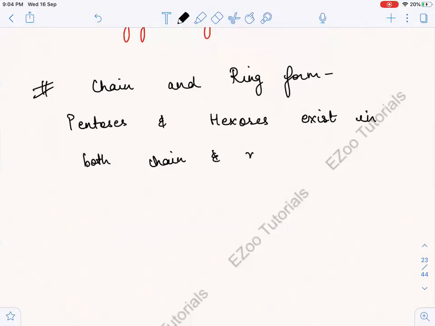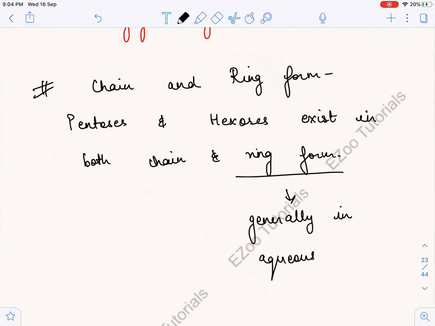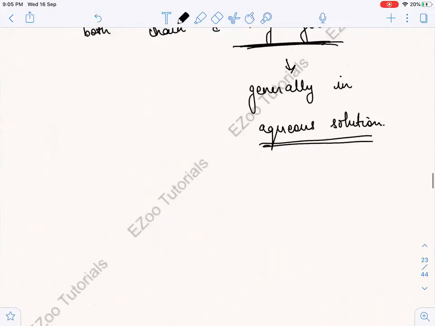And this ring form is generally present in aqueous solution. Whichever pentoses and hexoses there are, they will be in the ring form. So in aqueous solution, pentoses and hexoses will be in which form? Ring form. A simple question can also come.